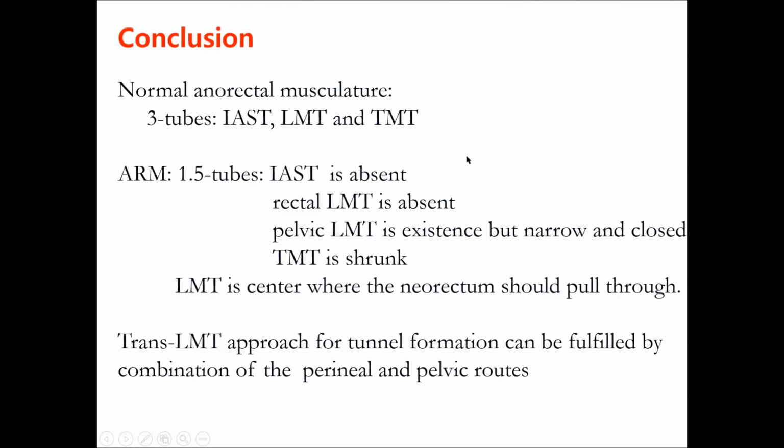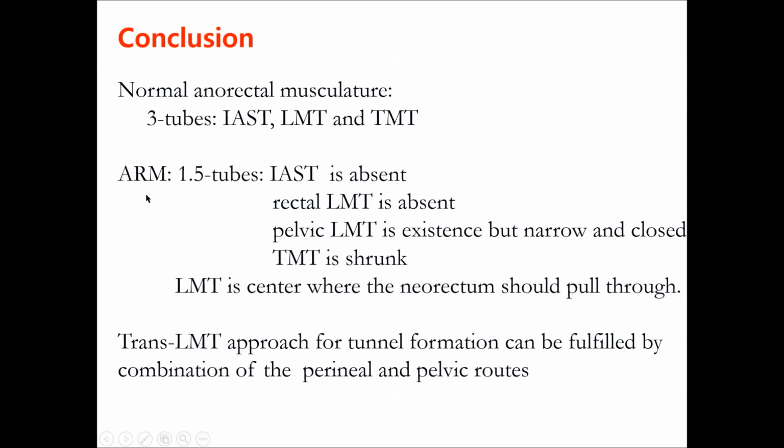In conclusion, according to our study, it's clearly demonstrated there are three muscular tubes in the anal region in normal. They are the internal anal sphincter muscle tube, the longitudinal muscle tube which comes from the longitudinal muscle of the rectum, and the longitudinal muscle tube from the levator ani, and the transverse muscle tube.